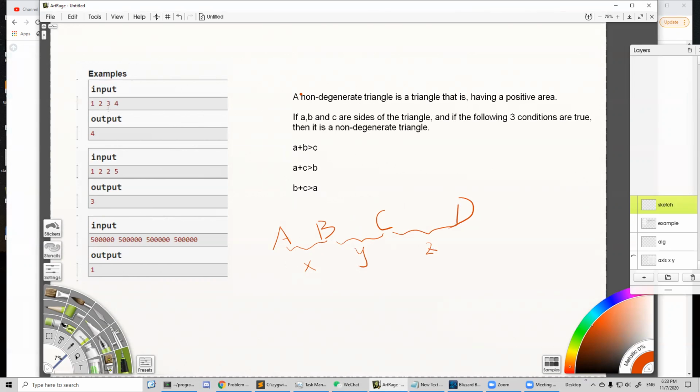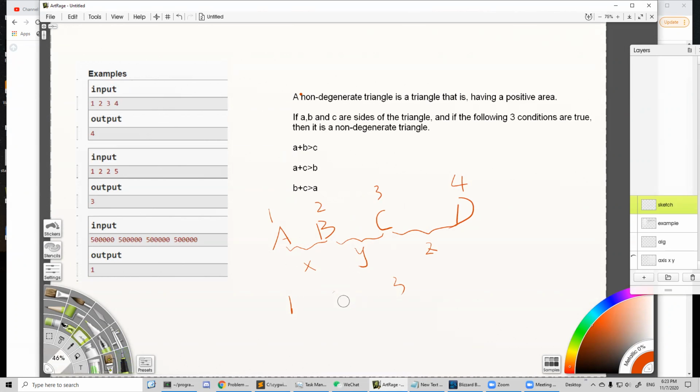In this case, we have 1, 2, 3, 4, so that we can choose the first side from 1 and the second side from 2 and the third side from 3. But in this case, 1 plus 2 is equal to 3, so this can never be a triangle, right?